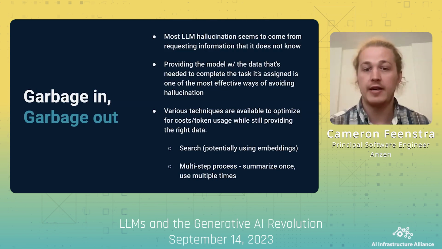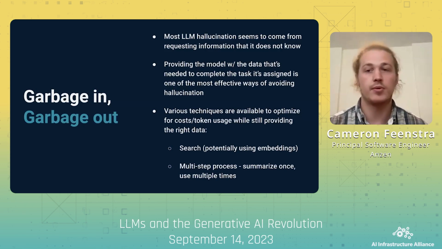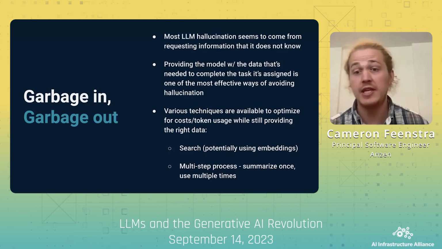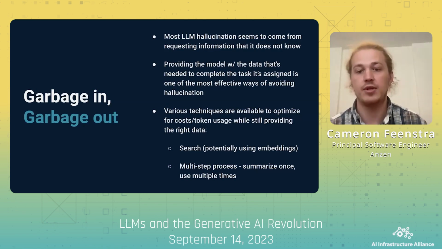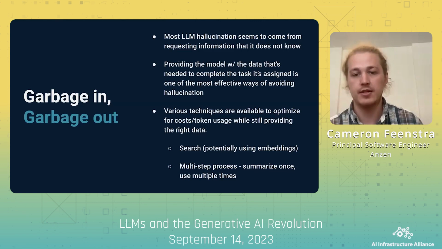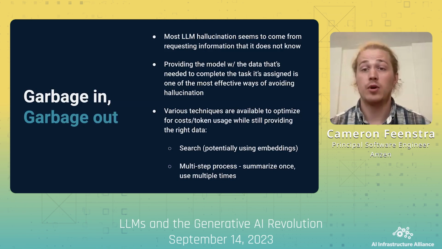One popular method is search. There are a lot of chat with PDF apps going around, where you ask a question and it will take all the text in the PDF and give you an answer. For that use case, one of the popular techniques has been search.